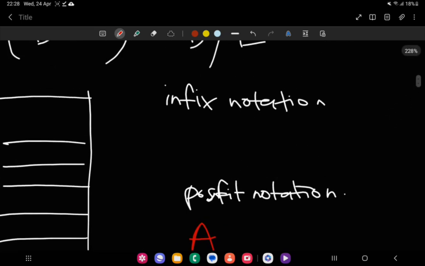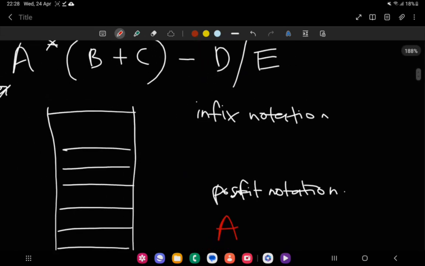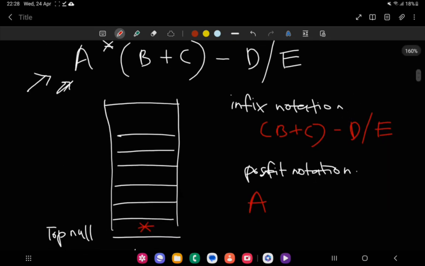Then we have here an open parenthesis, right? So I forgot to put it here. So we write B plus C close parenthesis. Alright. So this is our current stage.